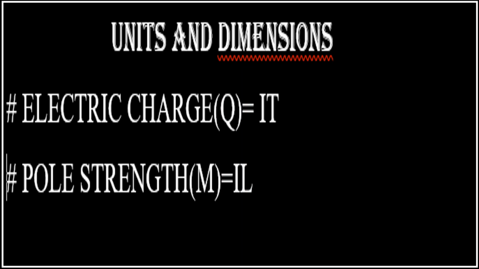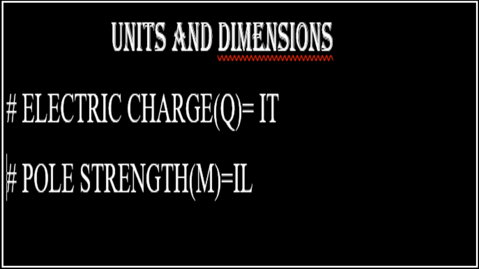And this slide represents electric charge and pole strength, Q and M, represented as I and T, I and L. This is the solution for your question mark while solving dimensional formula for some terms. In that, the terms Q and M will be appearing.